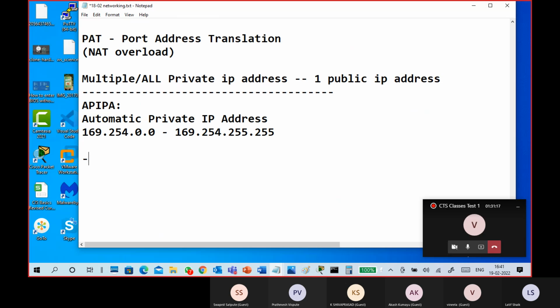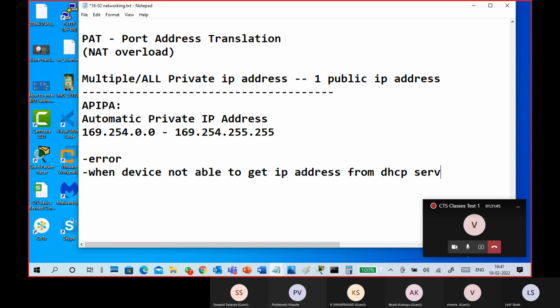When you see this IP address, it means there is an error. It means the device is not able to get an IP address from the DHCP server, so it assigns an IP address to itself.